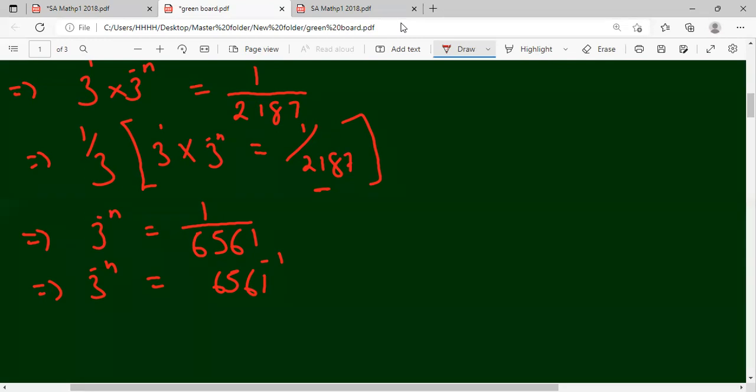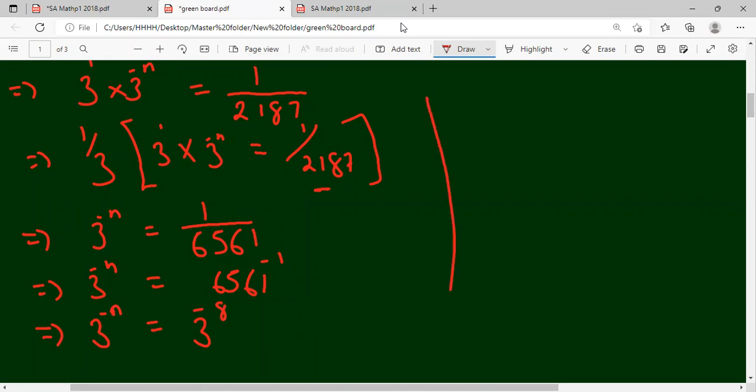So we are going to say 3 to the power negative n is equal to 6561 to the power negative 1, which can be written as 3 to the power negative 8. Take note.